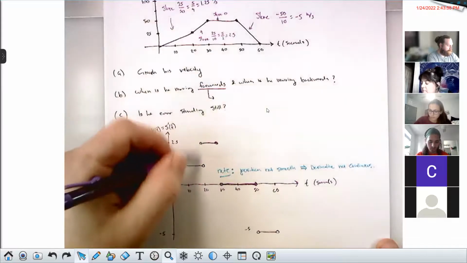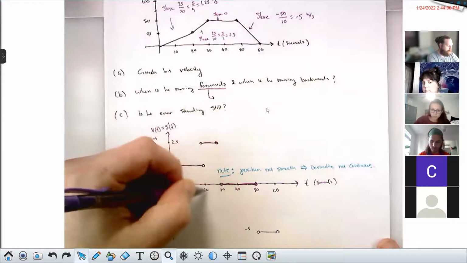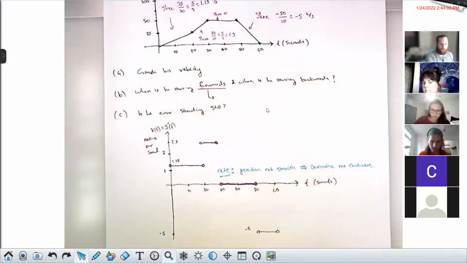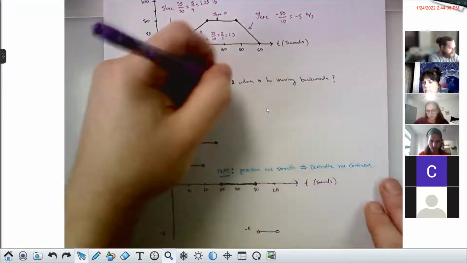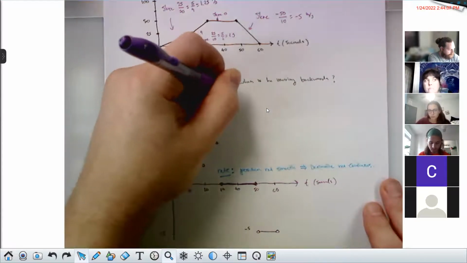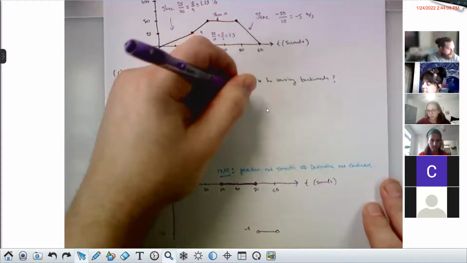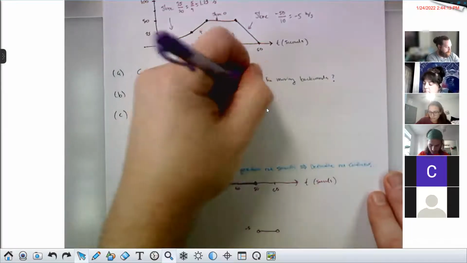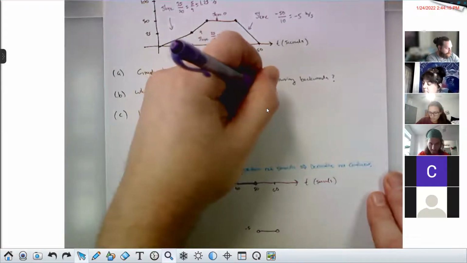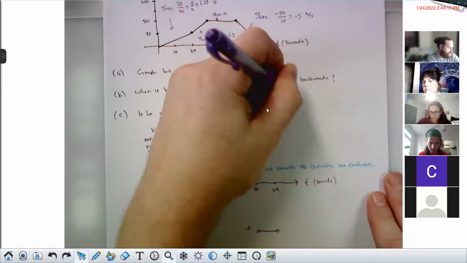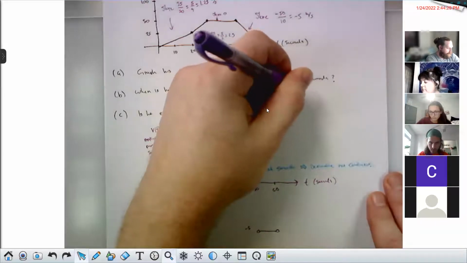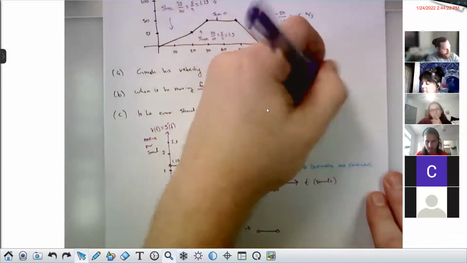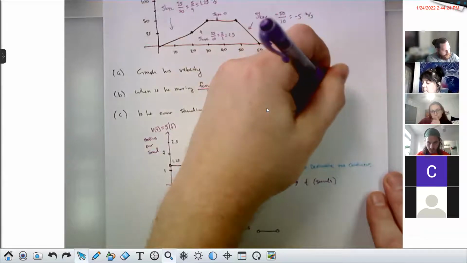If we're being very picky about it, we might want to omit the 20. But I would accept from 0 less than or equal to t less than or equal to 30 seconds, he's going forwards. Possible picky exception at t equals 20.